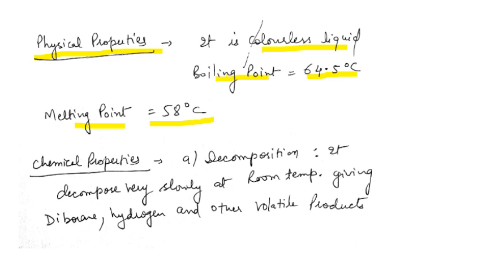If we see its chemical properties, the first chemical property is decomposition. It decomposes very slowly at room temperature. It is stable enough, so at room temperature it decomposes very slowly, and when it decomposes it gives diborane and hydrogen as well as other volatile products.